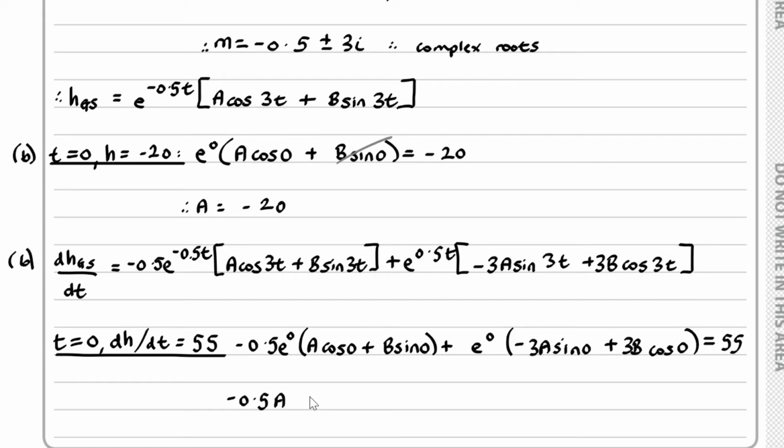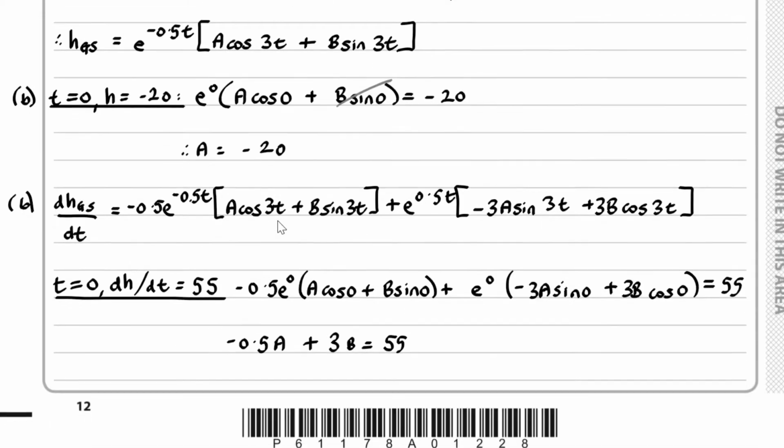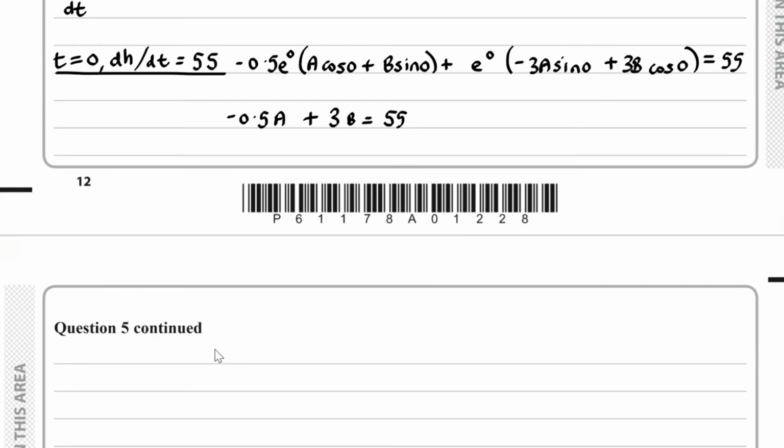Okay, and we know that this is equal to 55, and we know that a is equal to minus 20, so we have minus 0.5 times minus 20 plus 3b equals 55. So we have 10 plus 3b equals 55.